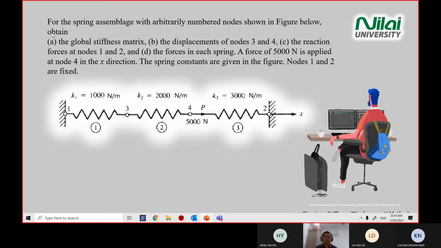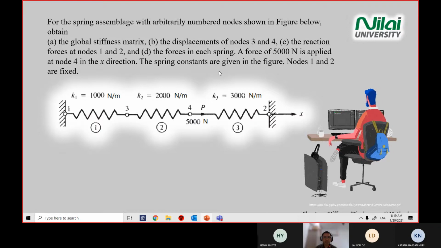So the question goes like this. You have an assembly of springs, and the question asks you to obtain a few things: A, B, C, D. The force of 5,000 newtons is applied at node number 4 in the X direction.